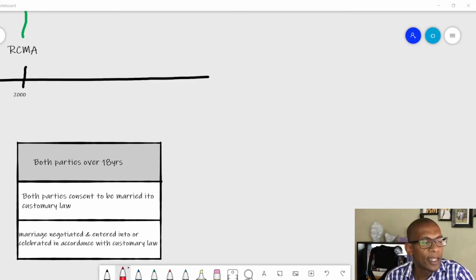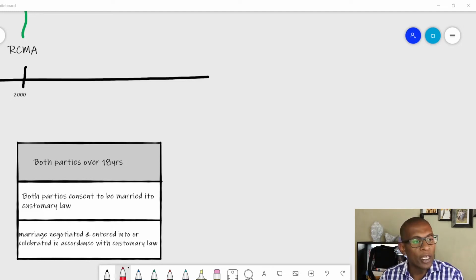So for our discussion, the RCMA basically requires three main things. Firstly, that both parties are over 18 years old, in other words, they're majors, both the groom and the bride. Secondly, that both parties consent to be married in terms of customary law. And lastly, the marriage must be negotiated and entered into or celebrated in accordance with customary law.